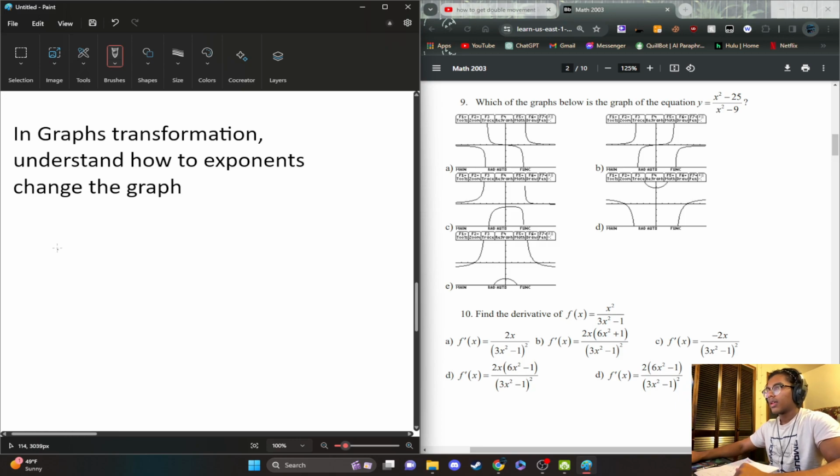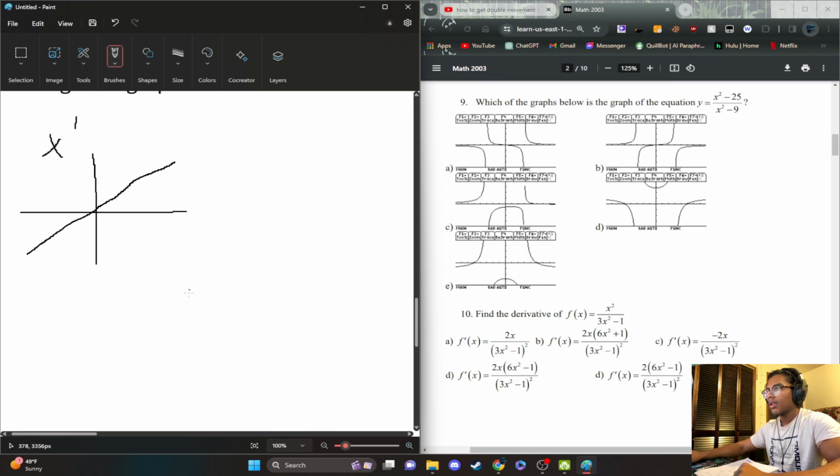So you have x to the first power. This is basically just a straight line going up. Now x squared, which is going to be an upside down u.